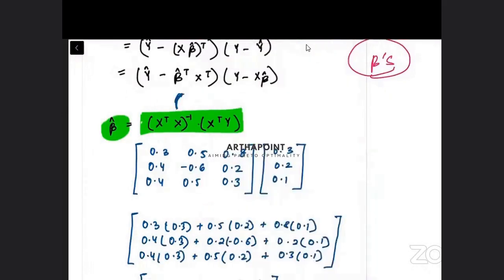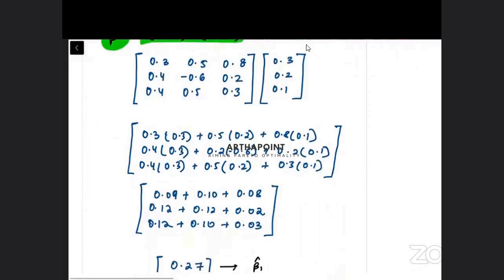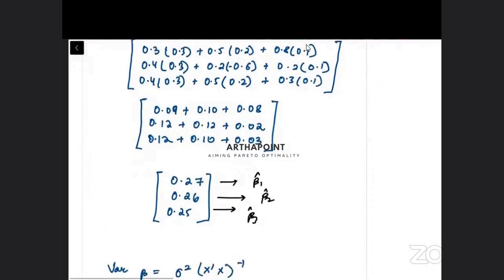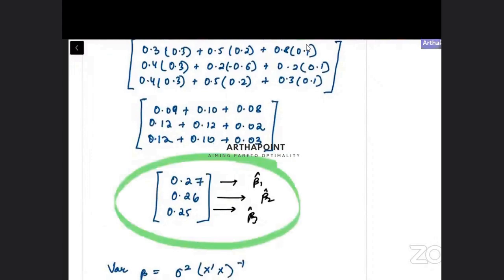This matrix is given to me. I am given this in the question. I am given this also in the question. So if I'm given X transpose X inverse and X transpose Y, I can just multiply the two and I will get this. So after multiplying, I get this as the answer. Just have a look here. You will get a matrix of the form 3 cross 1.